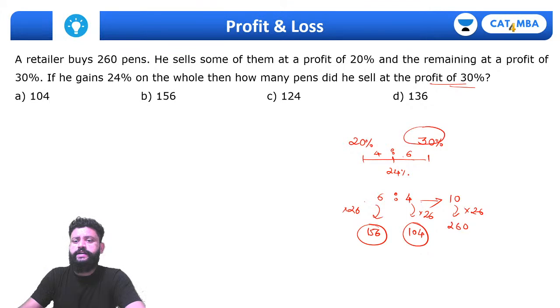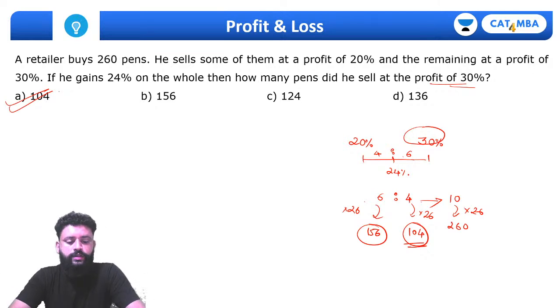At the profit of 30%, it should be 104. The first answer.